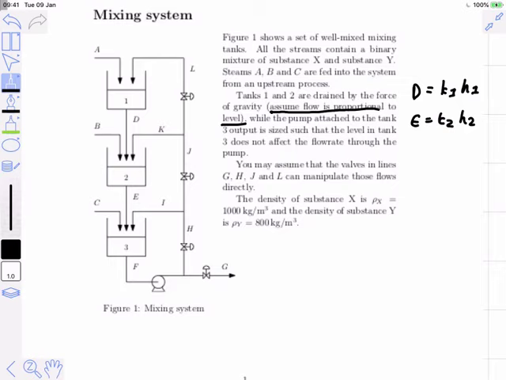You may assume that the valves in lines G, H, J and L can manipulate those flows directly, and this is a common metaphor that we'll be using quite a lot in this subject: this icon tells you that this is a manipulated variable. So you'll see control engineers do this a lot, where even if there's not a flow, they'll draw a valve in there, because a valve means that this is something I can manipulate.